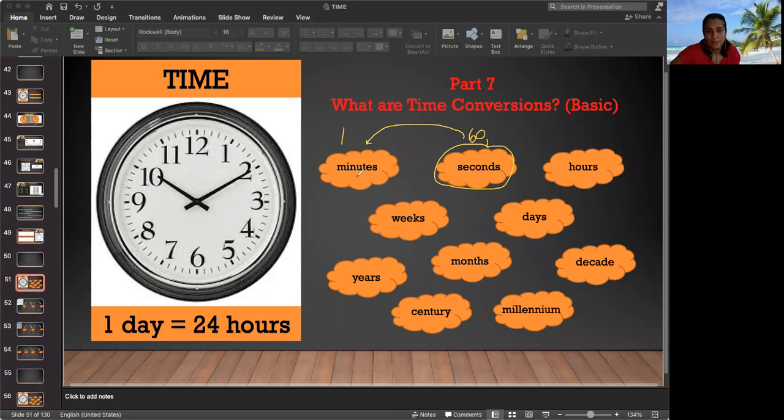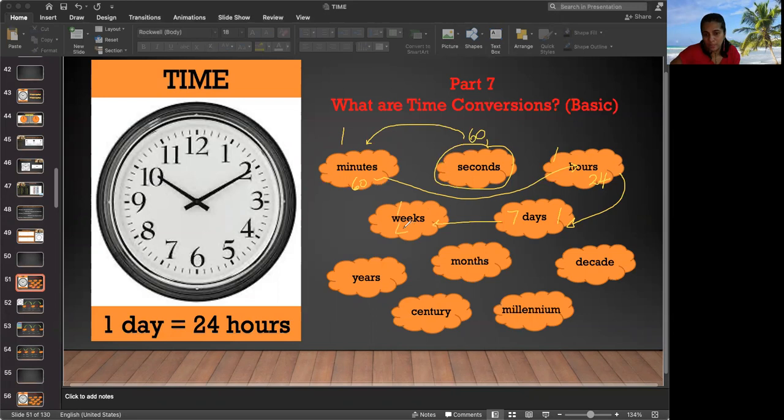If you have 60 minutes, you make 1 hour. And if you have 24 hours, remember, it's not 60 hours, it's 24 hours, then you make 1 day. And if you have 7 days, you make 1 week.